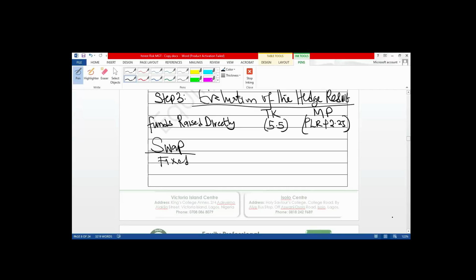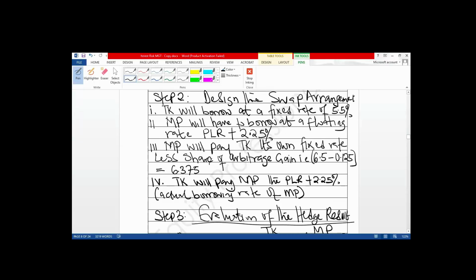Look at this: minus, plus. This will cancel out this. That means for MP, we are left with 3 pence.